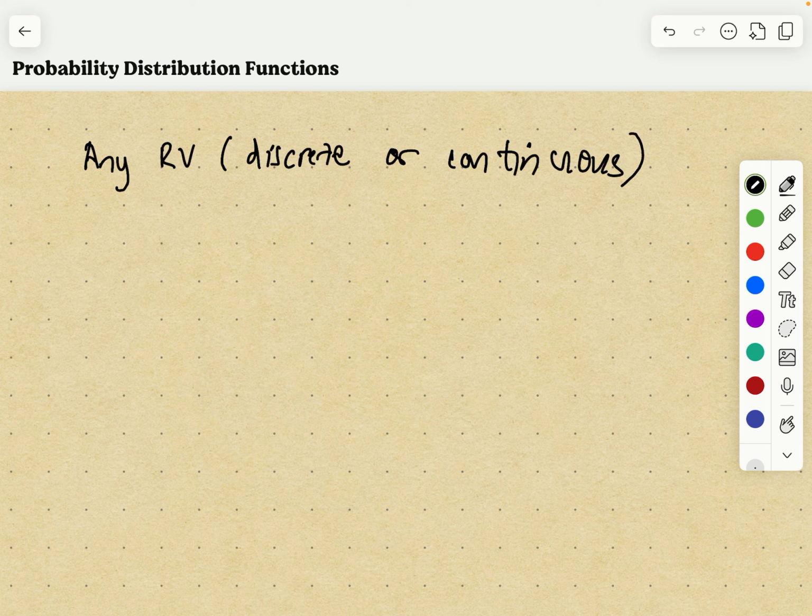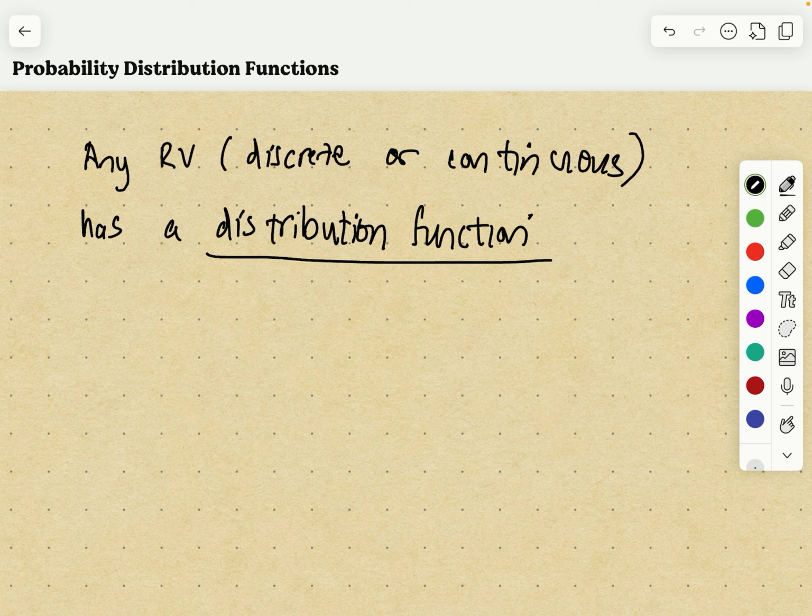So when you have a random variable, it has what's called a distribution function. And it's the function capital F of x, which is defined to be the probability that X is less than or equal to little x. Okay.